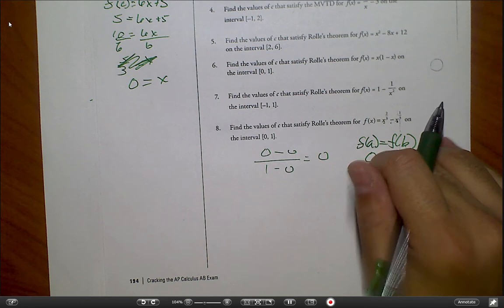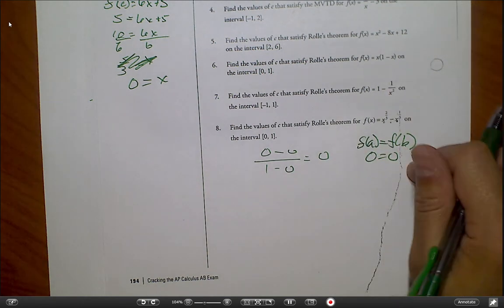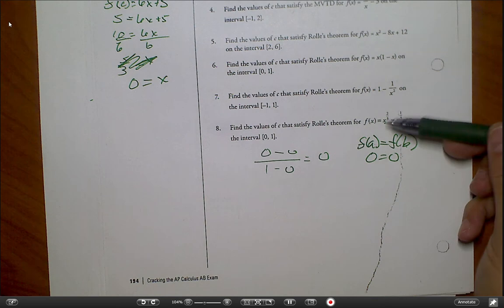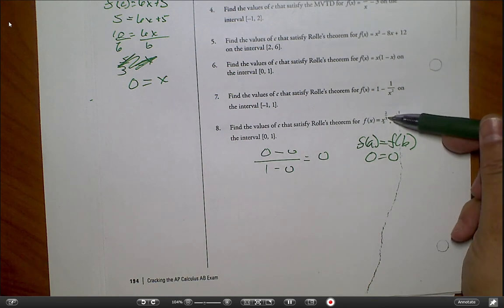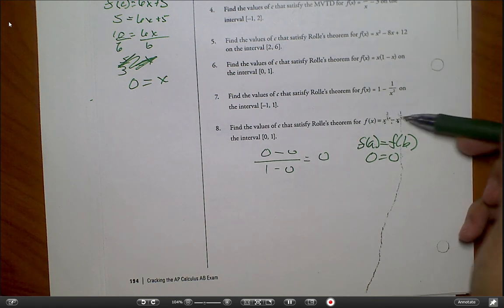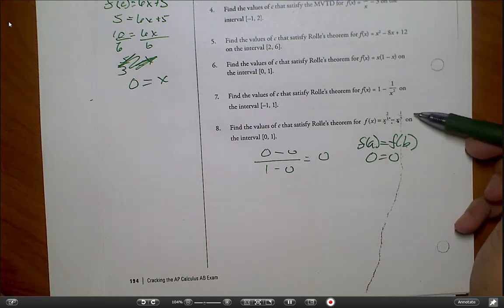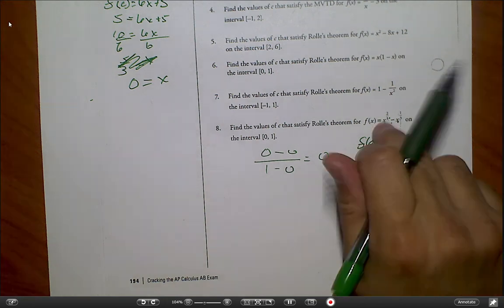So that means that for this function there should be some point. This is going to be continuous on this interval. There is no issue, because this is a cube root. It's a cube root, so I'm not going to have any issues on this. Now let's find the derivative.